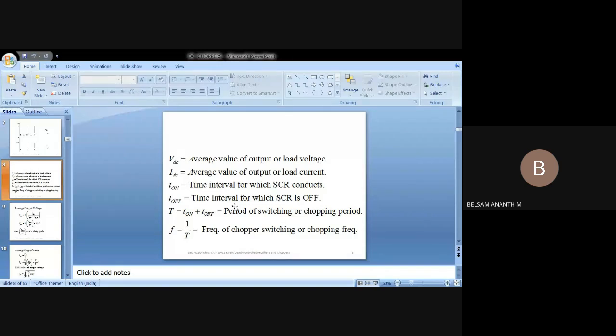If you go ahead with other switches, the name may differ. Since we are talking about choppers, either a step down chopper or a step up chopper, we call it the chopping period, or chopping time. Obviously we all know that time and frequency are interrelated. Therefore f equals 1 by T, the frequency of chopper switching, or chopping frequency. Try to understand the term chopper switching, please.